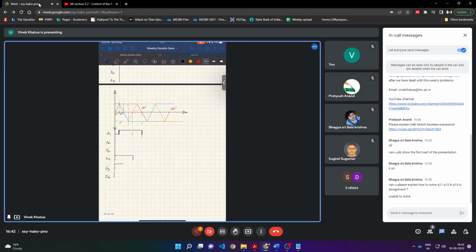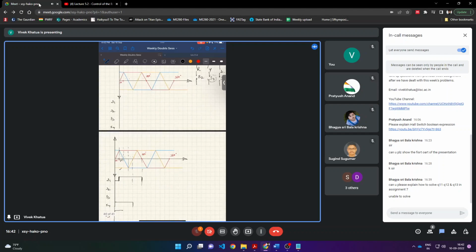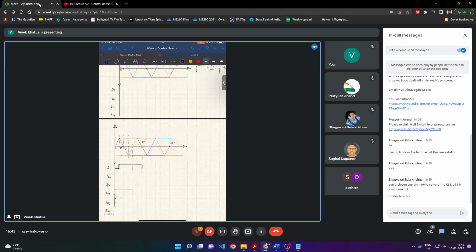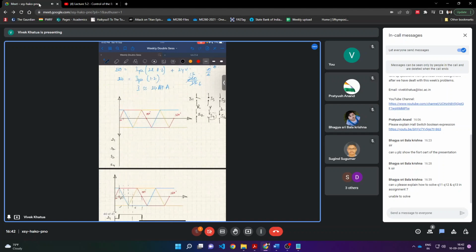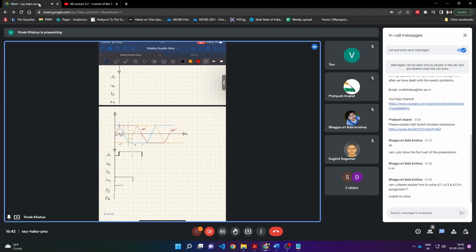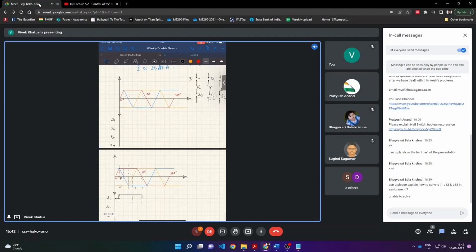Then after that, S4 is active. Then we have the blue phase in the negative region, blue S6. Have we accounted for that? No, right?